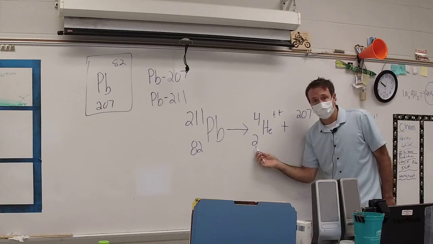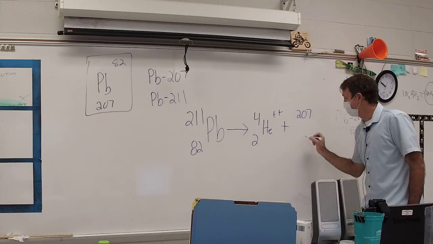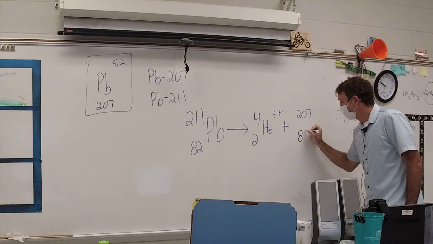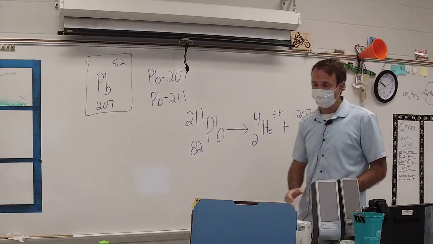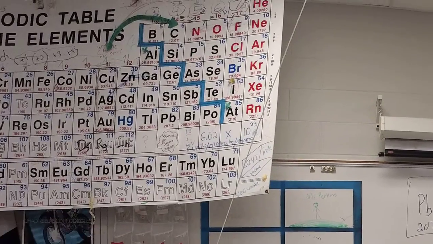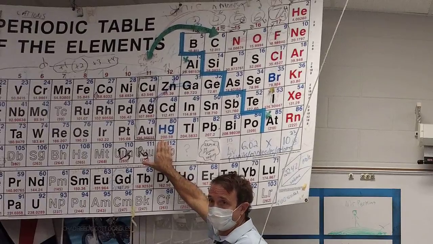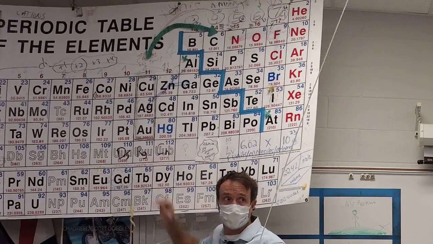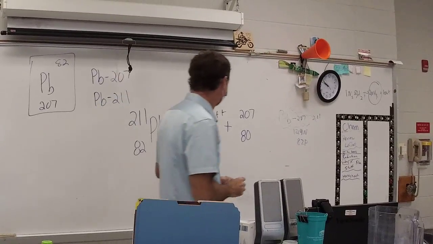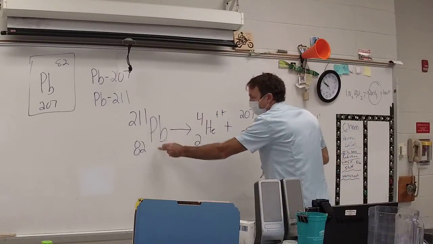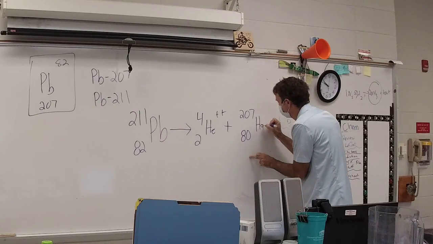How many protons were emitted in that alpha particle? 2. So that means this atom would only have 80 protons. We look on the periodic table. We look up there for number 80. Mercury, right? So lead breaking down like this, if lead 211 gave off an alpha particle, it would turn into mercury 207.